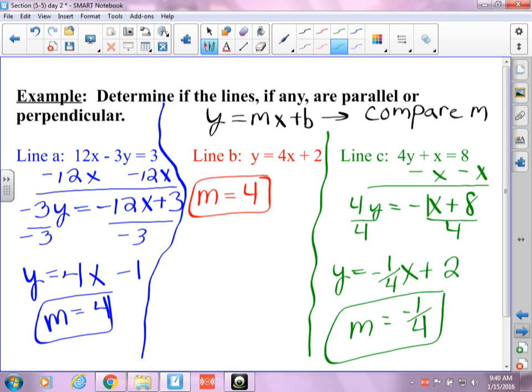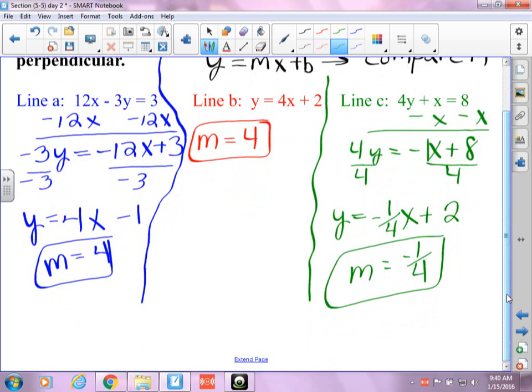No, because it says determine if they're parallel or not. So let's take a look at line A and line B. Are they parallel? Yes. Why? Same slopes. So A is parallel to B, same slopes. So you need to make sure you answer those questions.